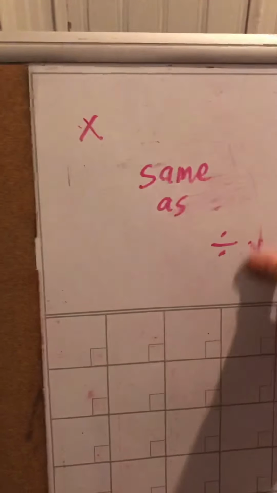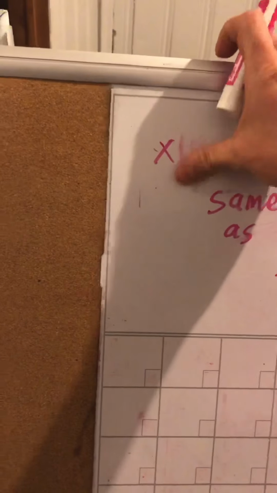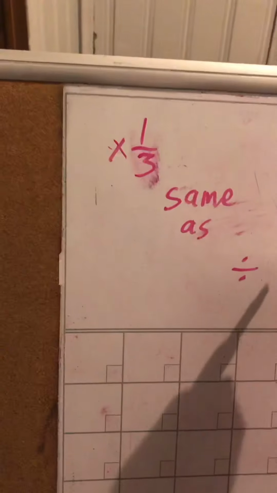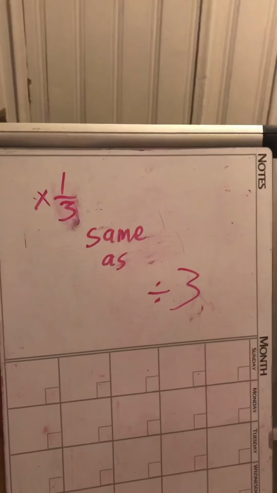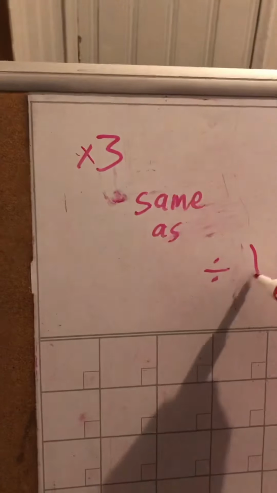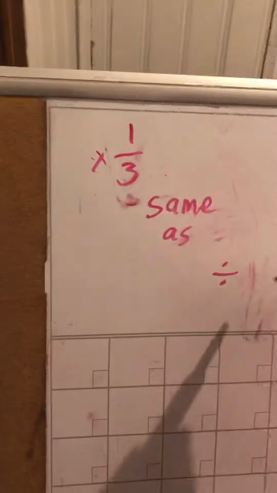Or the opposite of that. Multiplying by 1/3 is the same as dividing by 3. I could change these back and forth all day. Multiplying by 3 is the same as dividing by 1/3. Multiplying by 1/3 is the same as dividing by 3.